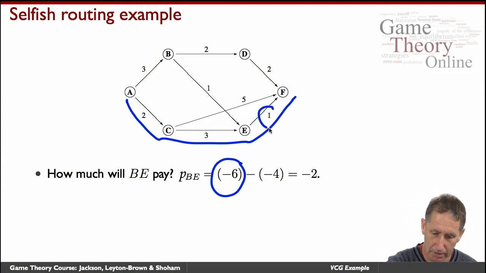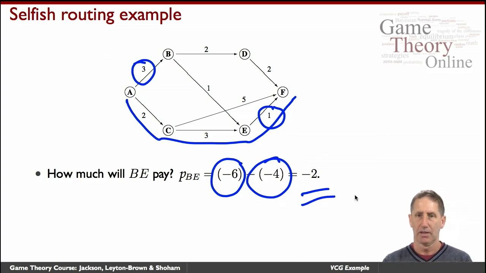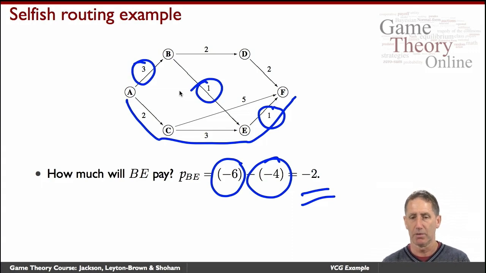Why is that? It's 1 plus 3. And so this is the minus 4 over here. So the net of it is that the cost imposed by VCG on the link BE is minus 2. In other words, they would get a payment of 2, making again a profit of 1, if you wish.